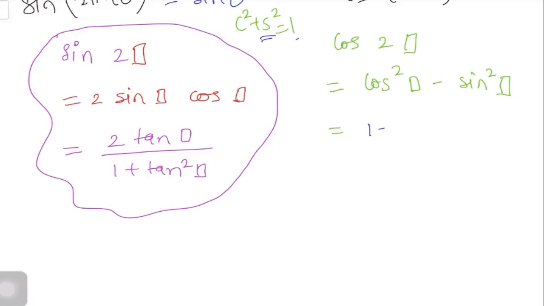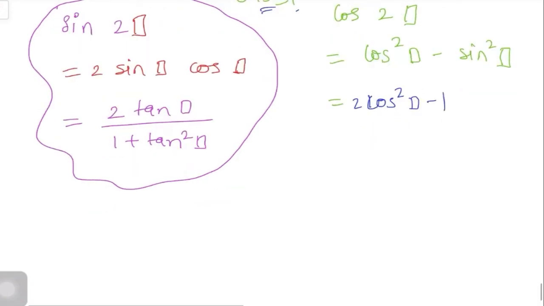Instead of sine square, we can write 1 minus cos square, so it becomes 2 cos square angle minus 1. And in terms of tan, we can write 1 minus tan square angle divided by 1 plus tan square angle. Very good.